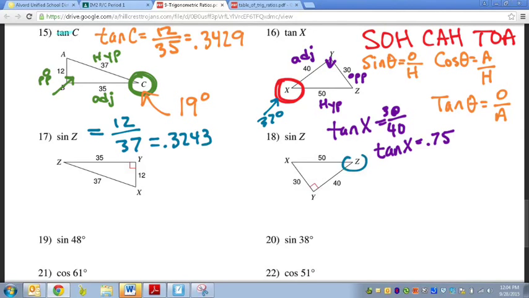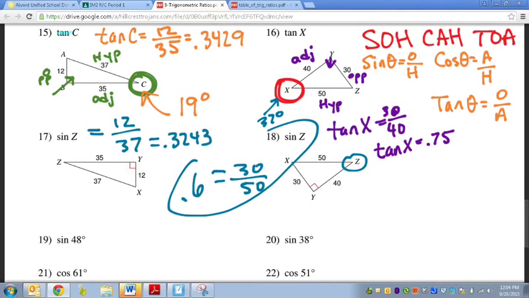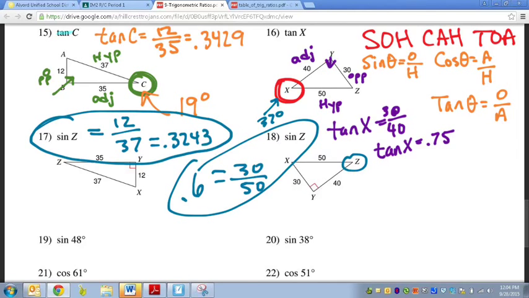And sine of Z here, here's Z, so that would be opposite, which is 30, over hypotenuse, which is 50. And that's going to give me a decimal of 0.6. So number 18 is sine of 0.6, and then number 17 is 0.3243. So what are the angles attached to that?